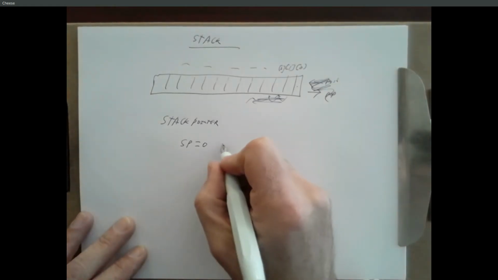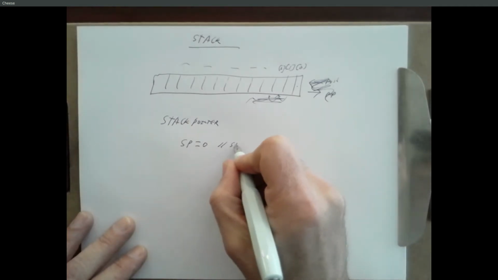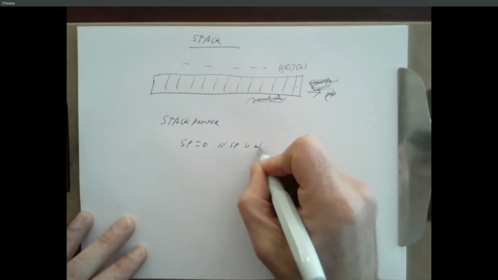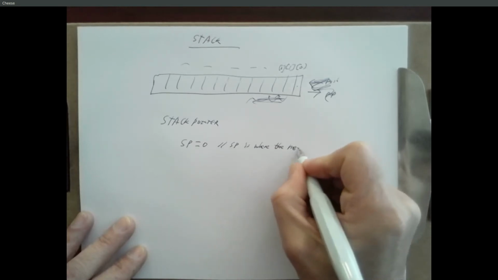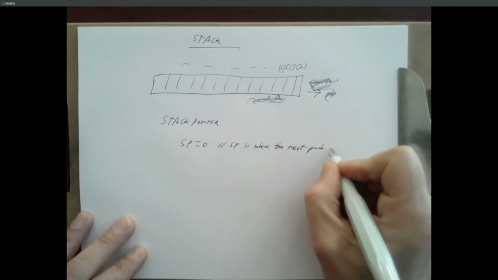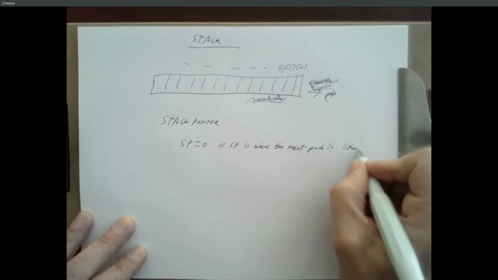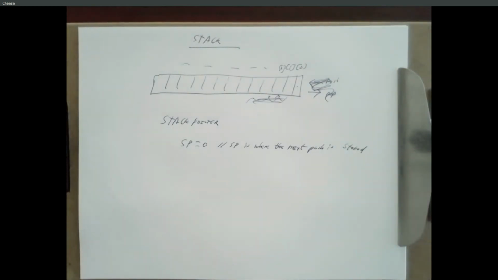So SP equals 0. Here's my comment. SP is where the next push is stored. So my stack pointer is always going to tell me where is the next place I should store something when I push onto the stack.